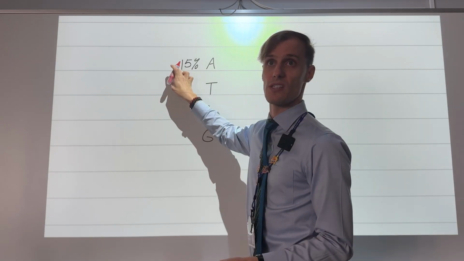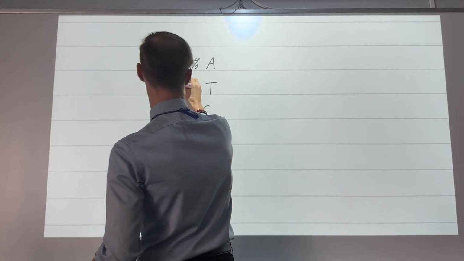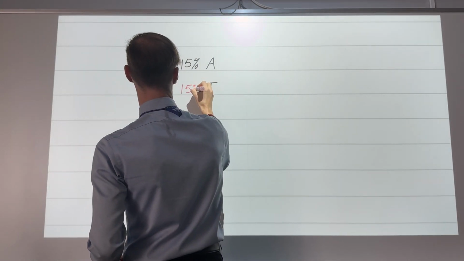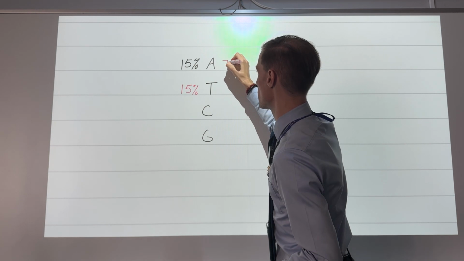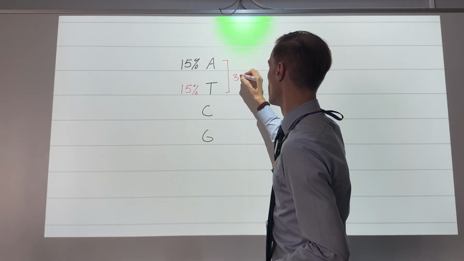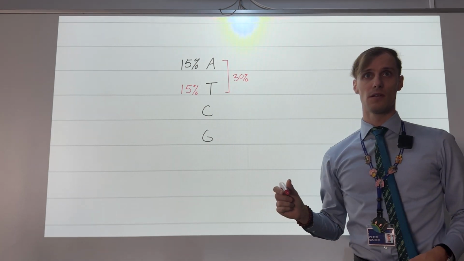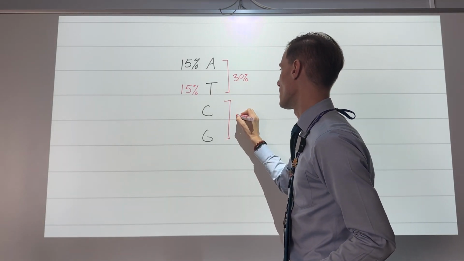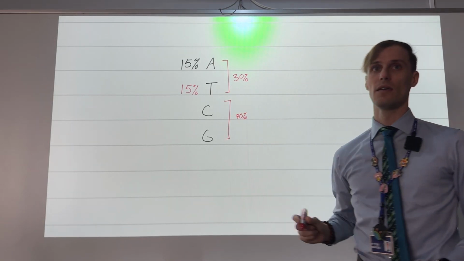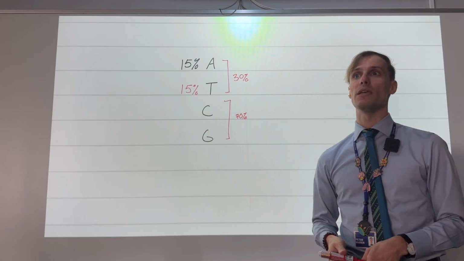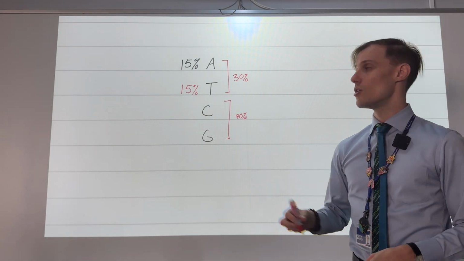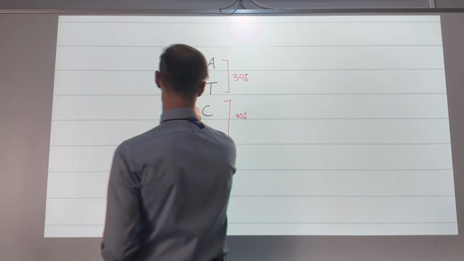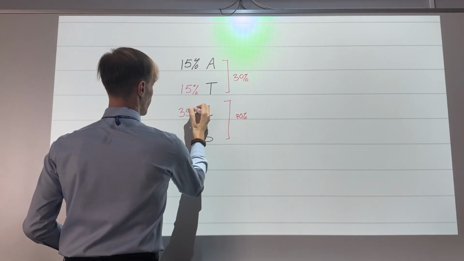So if there's 15% adenine, there must be 15% thymine. Combined, this is 30%. That means that what you have left is 70%. These are also going to be in 50-50 ratios, which means that 70 divided by 2 would be 35%, 35%.